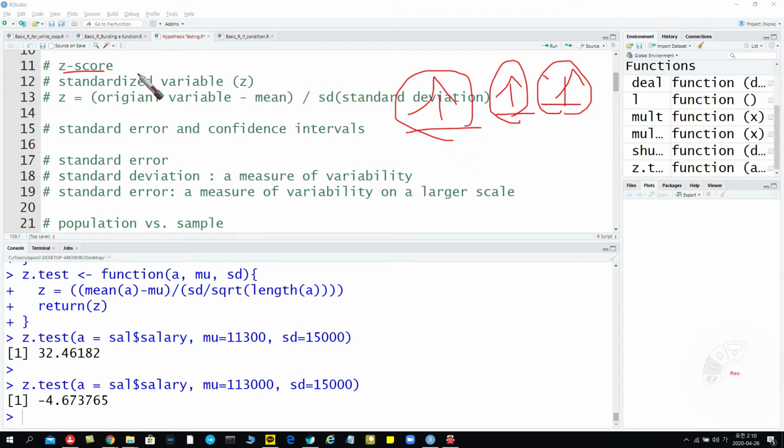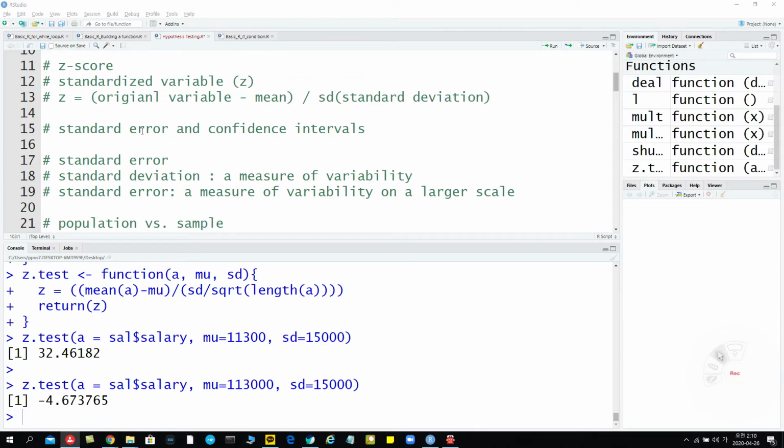How can you do that? We change it into a standardized variable z. As you might know, the formula is like this. Hold on, please. Sorry about this. z is: the original variable x minus the mean x bar, divided by the standard deviation.